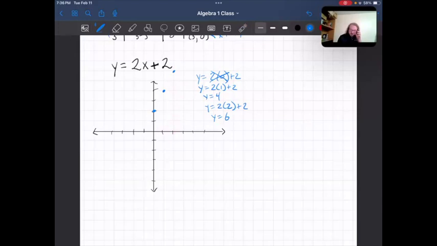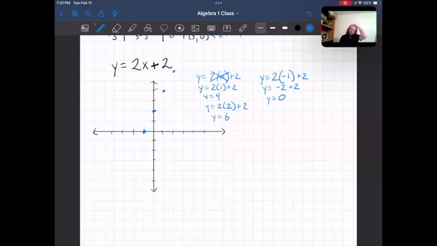What if I have y equals 2 times negative 1 plus 2? What will y equal in that case? Well, multiply, do my simplification, y is 0. So for x is negative 1, y is 0.